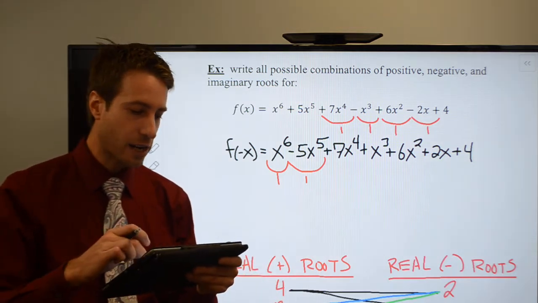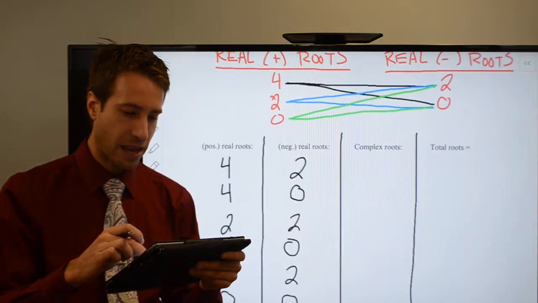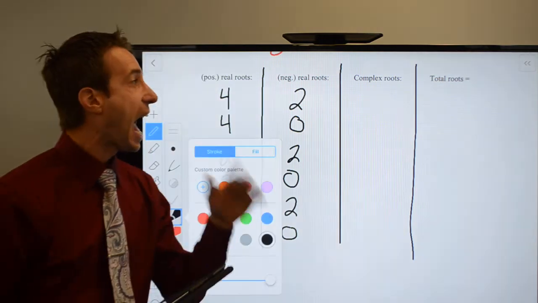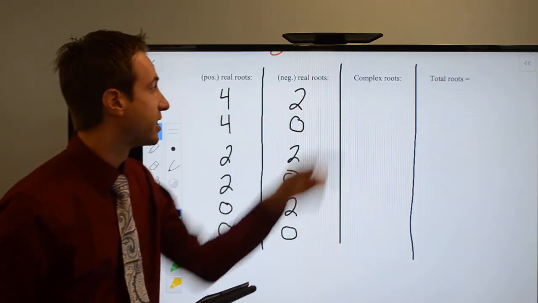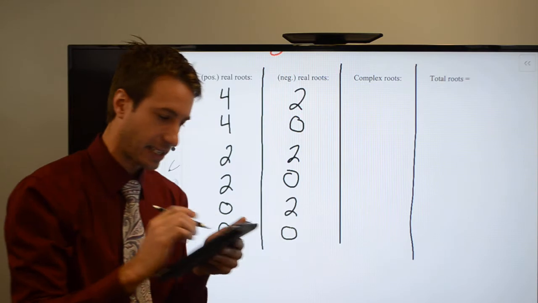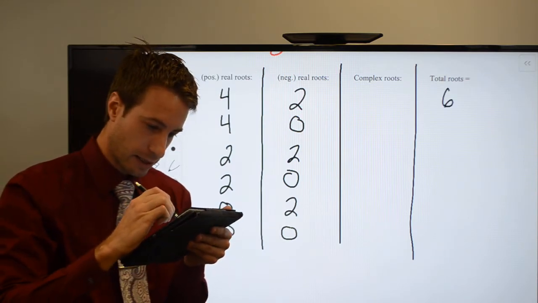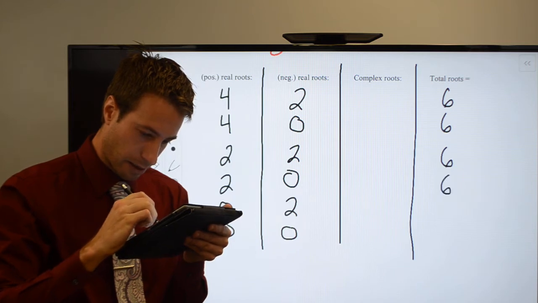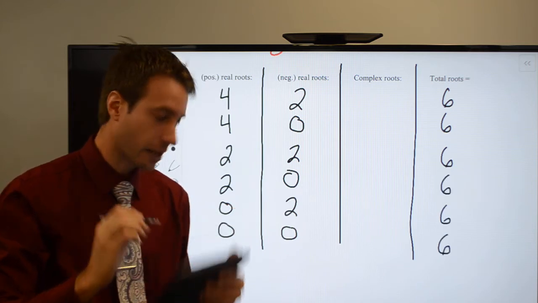So here's what I know down here in my column. Every single one of these possibilities has to be equal to 6. So I've got to have 6 here, 6 here, 6 here, here, here, and here, right?